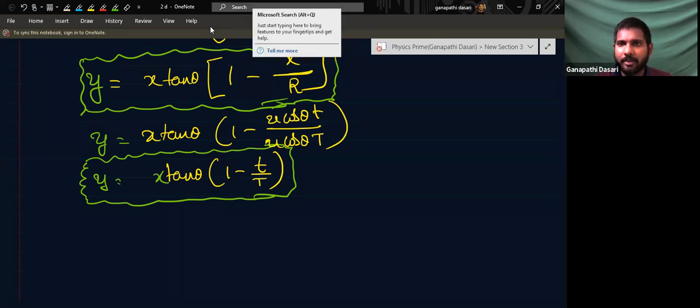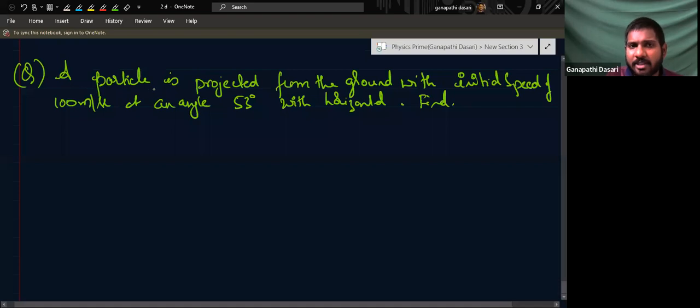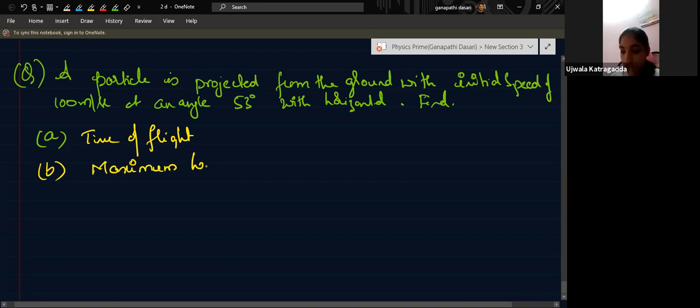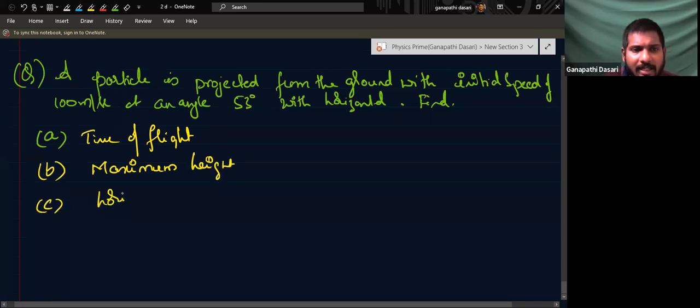Let's see this question. A particle is projected from the ground with initial speed of 100 meter per second at an angle 53 degrees with horizontal. Find: A, time of flight. B, maximum height. C, horizontal range.